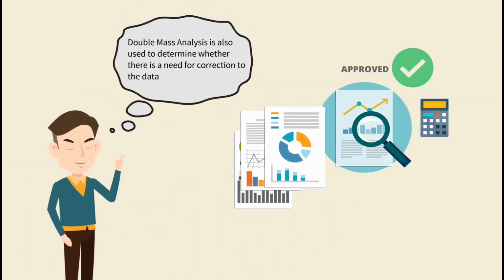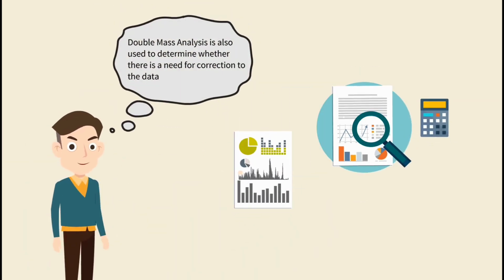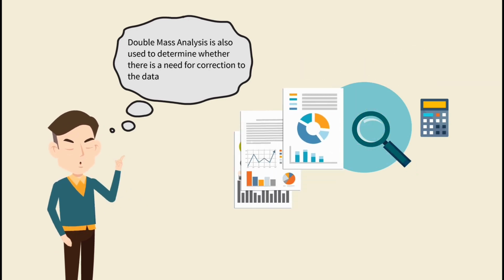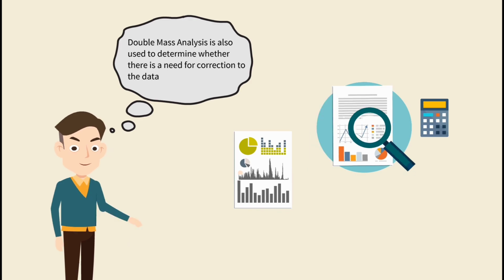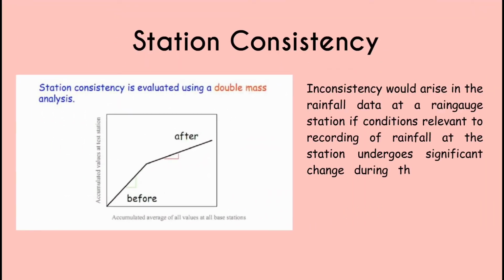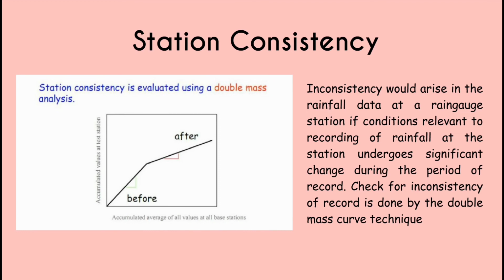And it is also used to determine whether there is a need for correction of the data. A test for consistency. This step is a preparation of data whenever adjustment of precipitation records is needed. This is also used to evaluate a station's consistency.